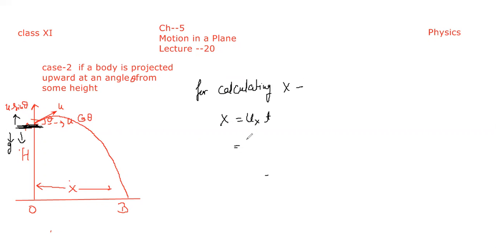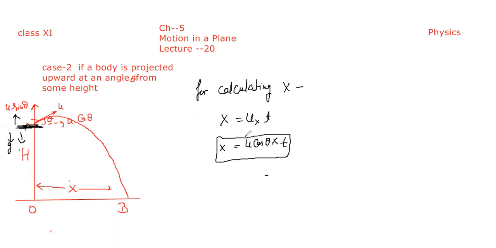What is the value of ux? That is u cos theta. So t is calculated with the help of the quadratic equation, and we get X equal to u cos theta into t. Okay, the concept is clear to all of you. Is there any doubt? Then tell me. Okay, so I think the concept is clear.